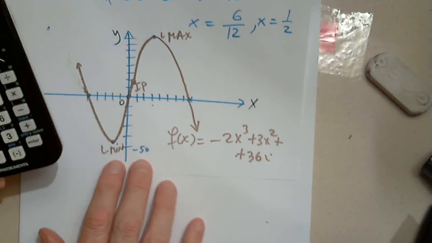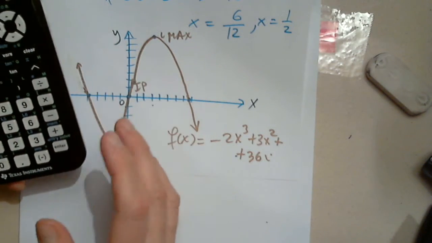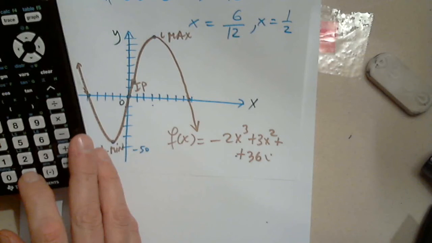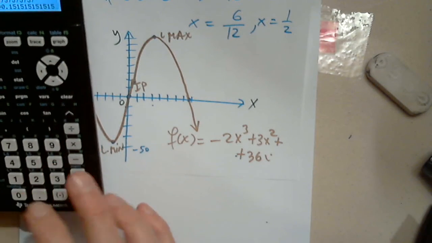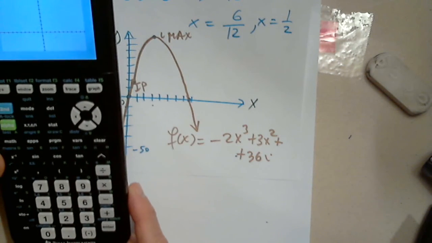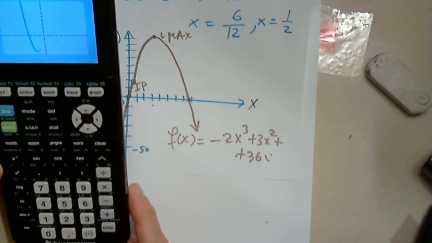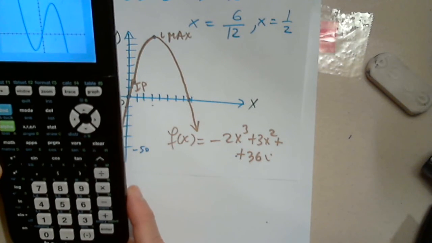Y minimum, definitely negative 50. Y maximum, definitely, let's say 90, with a scale of 10. And I expect a perfect graph, but the graph will not tell me where the function has the inflection point.